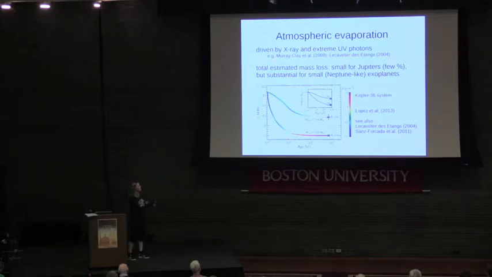The typical mass loss, if we integrate that over a typical lifetime, say 10 gigayears or something like that, is fairly small for Jupiter-like things, but can be very substantial for Neptune-like things or even smaller things. So we might even erode the whole atmosphere and be left with a barren rock after some time. And this is some really nice work by Eric Lopez looking at how different exoplanets in the same system might lose different amounts of their initial hydrogen-helium envelope.